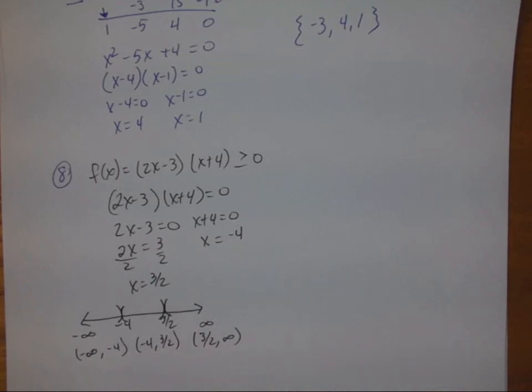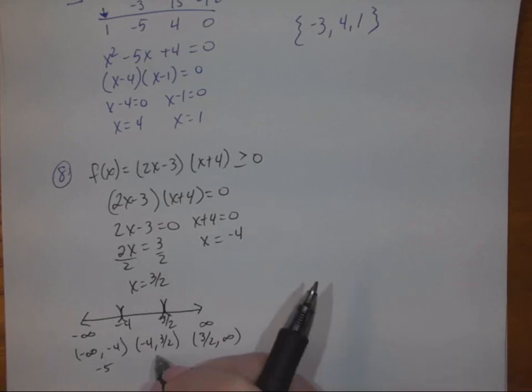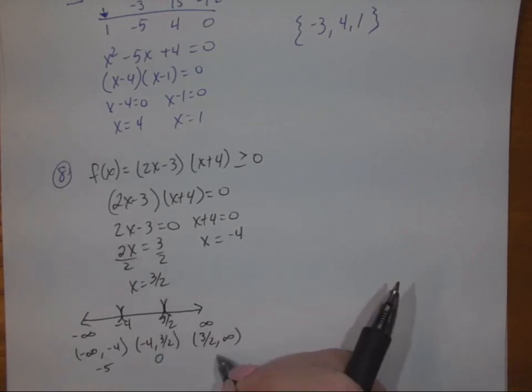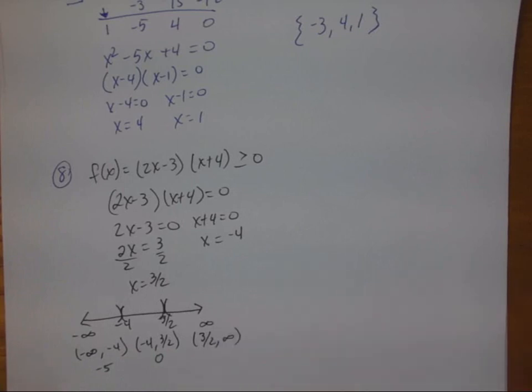And now we need to do some test points. We need to find a point that works in each one. For this one, I'm going to choose -5. For this one, I'm going to choose 0, because you want to know where 0 lands, because that's the easiest one to plug in. And this is 3/2, so I'm going to go past that and choose 2.